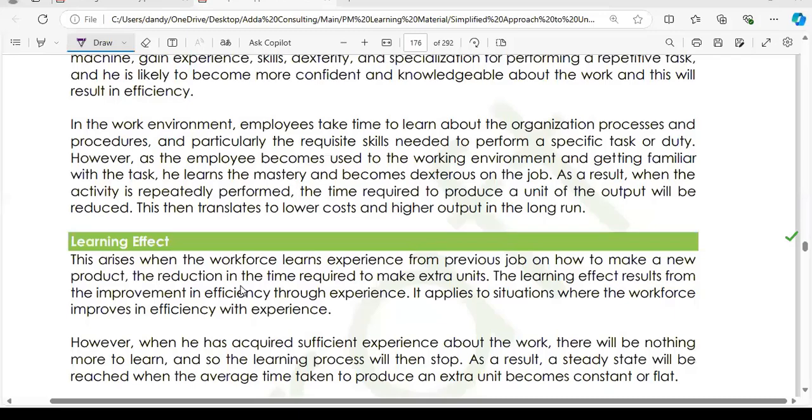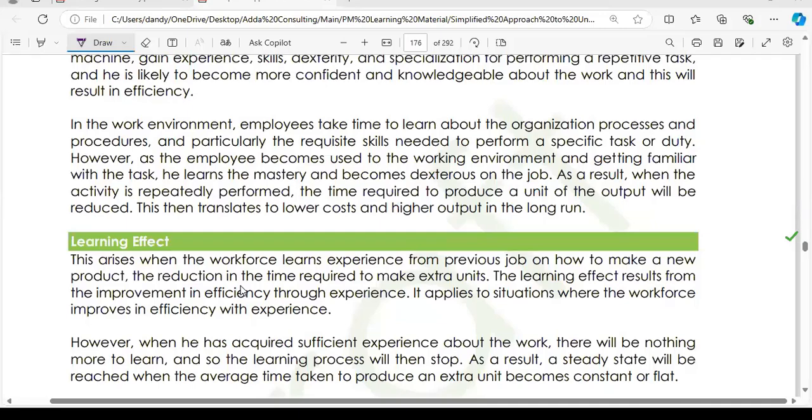The learning effects occur when the workforce learns from experience on the previous job how to make a new product. The reduction in the time required to make an extra unit may be the learning effect. The learning effect will result from improvements in efficiency through experience, that is proficiency.